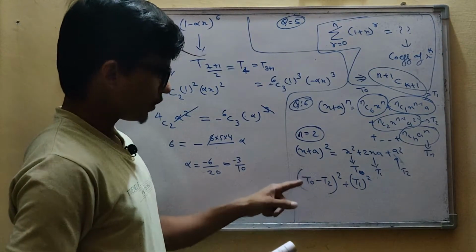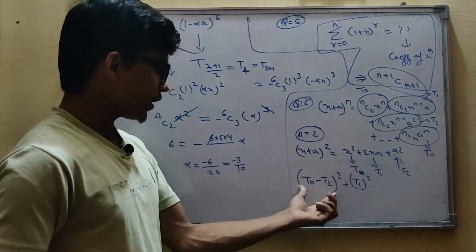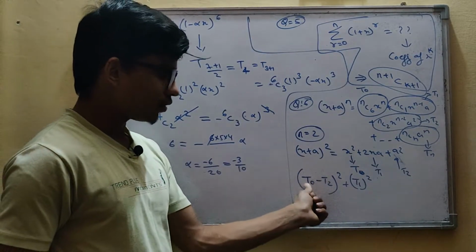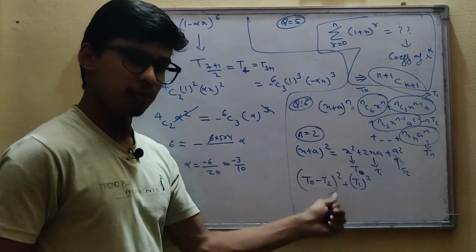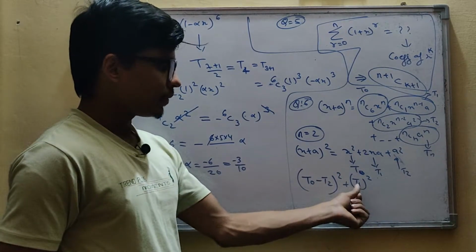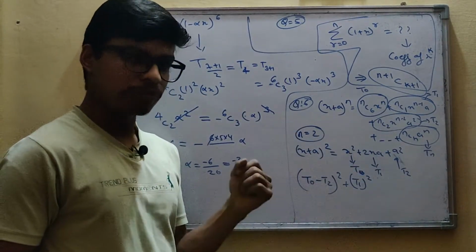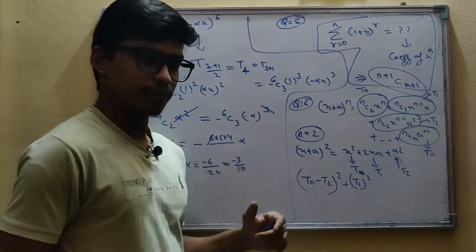If it is x plus a to the power 3, then there will be t3 also. Then it will remain t naught minus t2, because there is no t4 and so on, and here it becomes t1 minus t3 in case of x plus a to the power cube.